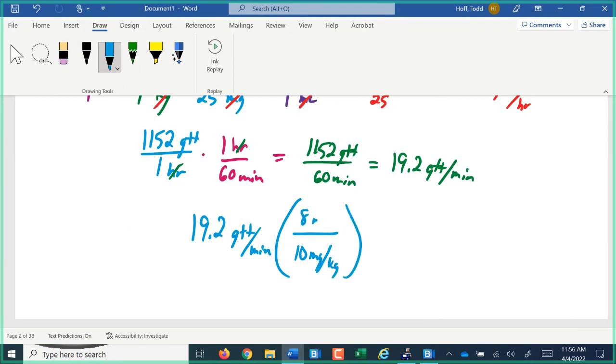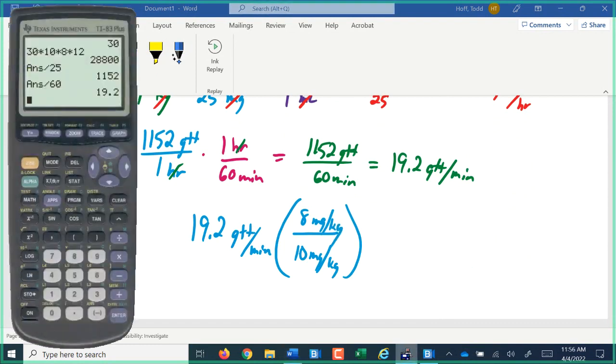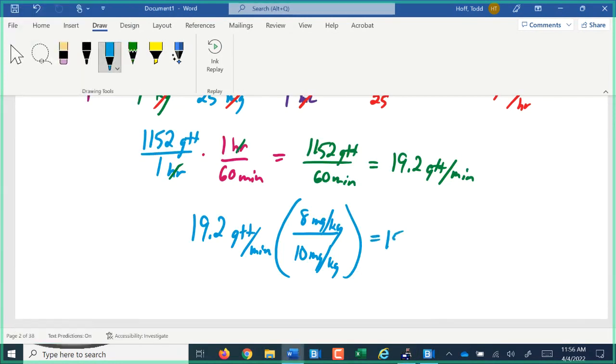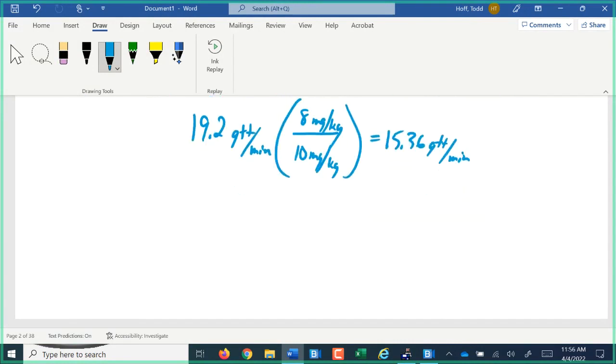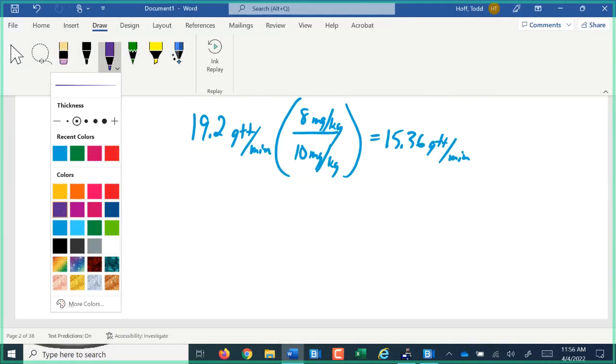We want to titrate that to the 8 milligrams per kilogram. 19.2 times 8 divided by 10 is 15.36 drops per minute.